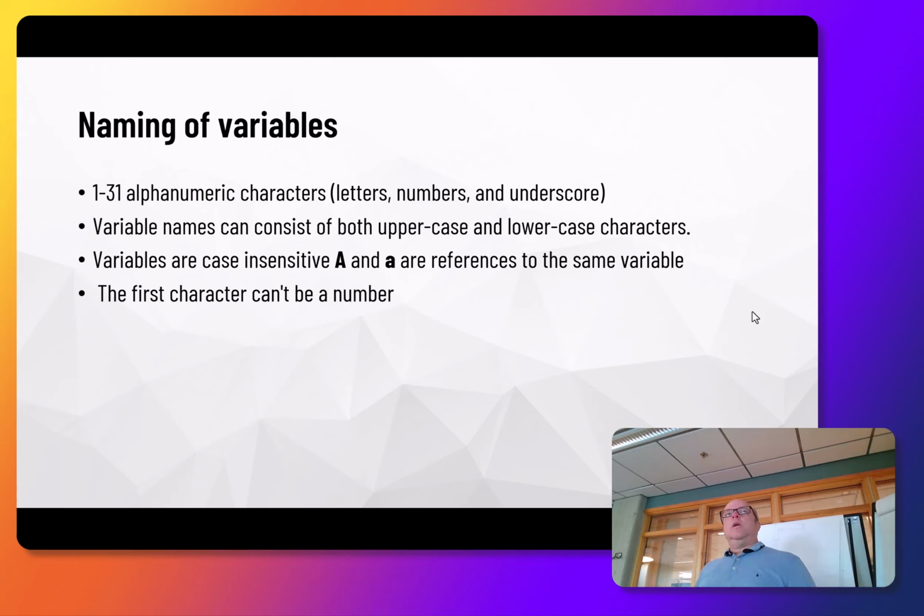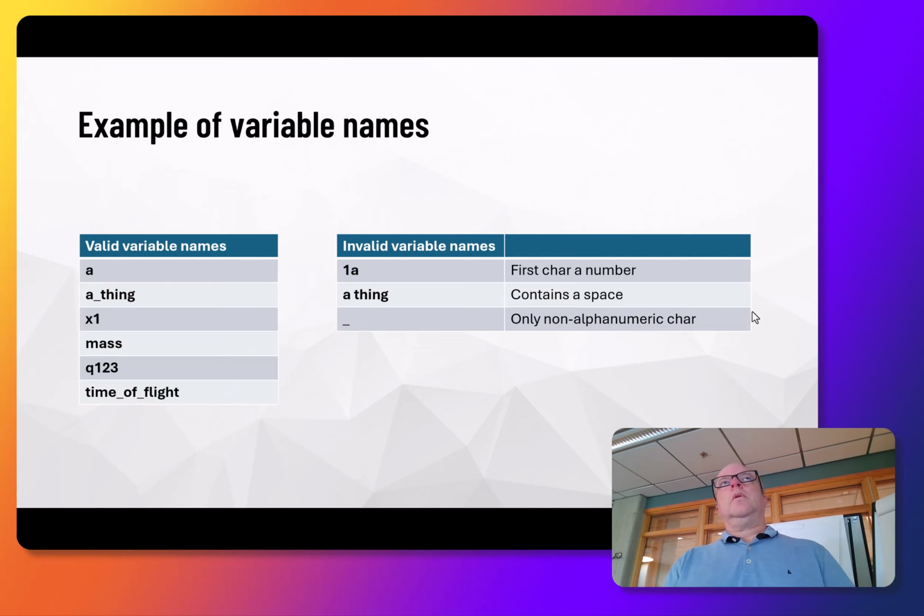Naming a variable. In modern Fortran, you can have 1 to 63 alphanumeric characters in your variable names, and you can have both uppercase and lowercase. Also, Fortran is case insensitive, so regardless of uppercase and lowercase, if you have the same characters, they mean the same. So A and lowercase a are references to the same variable. Also, the first character can't be a number. Valid variable names are shown on the left here.